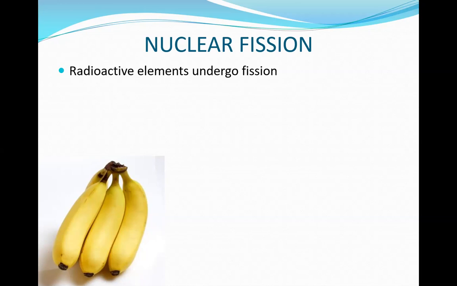But it turns out that the potassium inside bananas is a little bit more than we expect. What do I mean by that? Well, most of the potassium inside bananas is benign. It's boring. But a small, and I can't emphasize that word enough, a small percentage of the potassium within bananas is in fact radioactive.